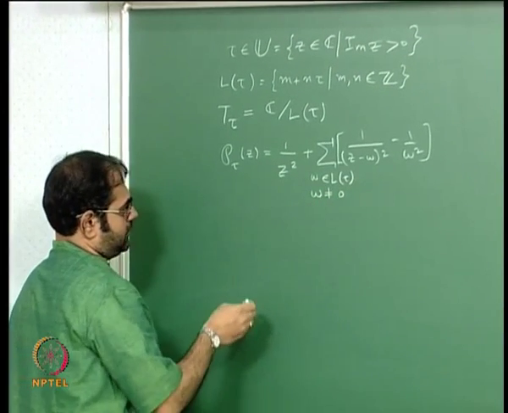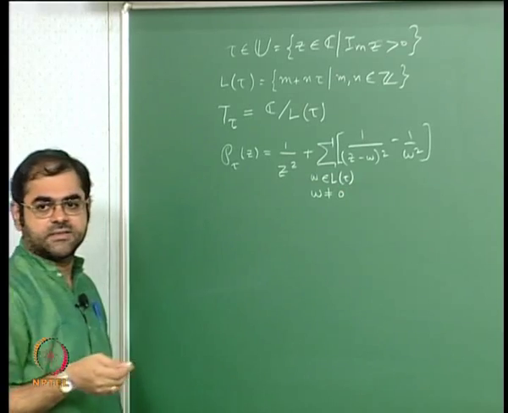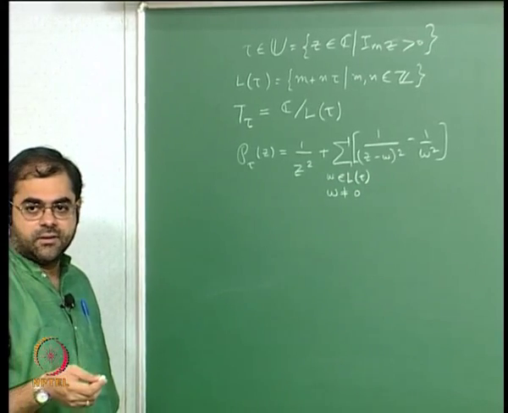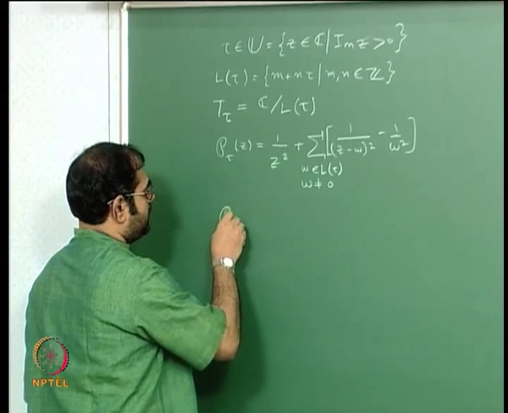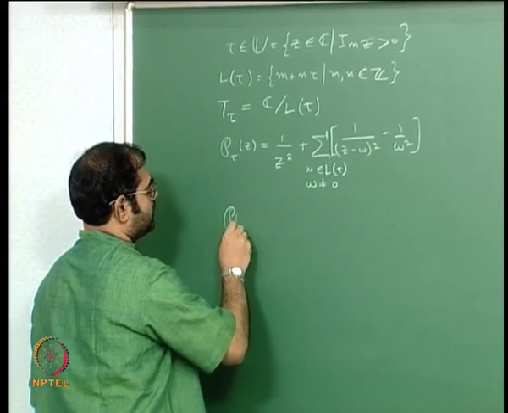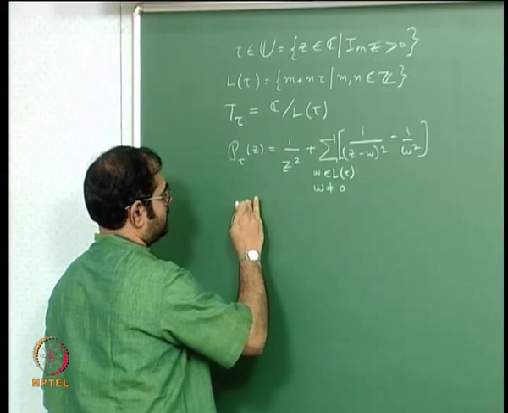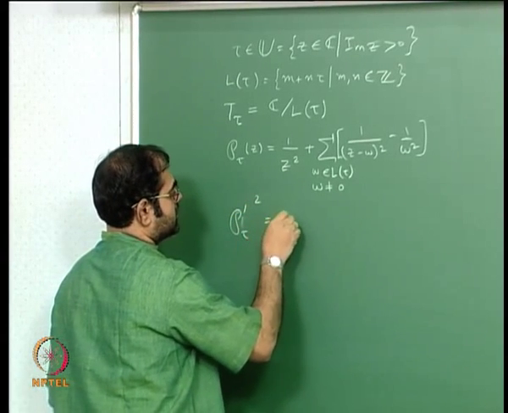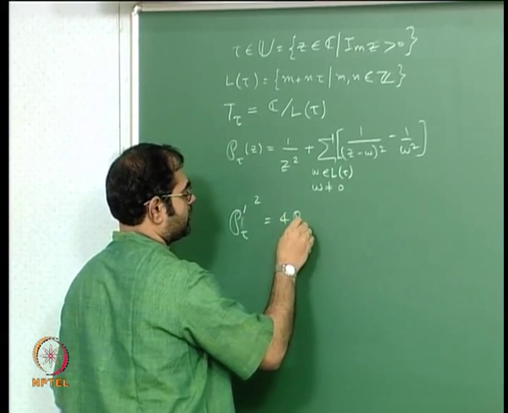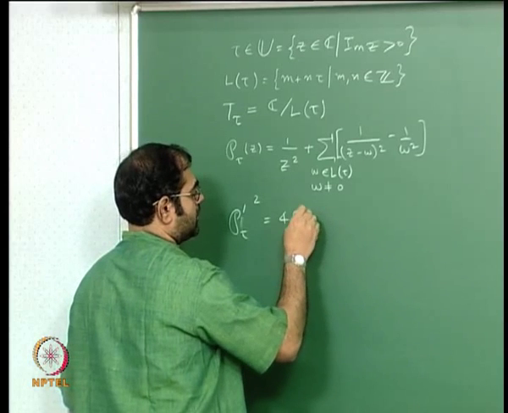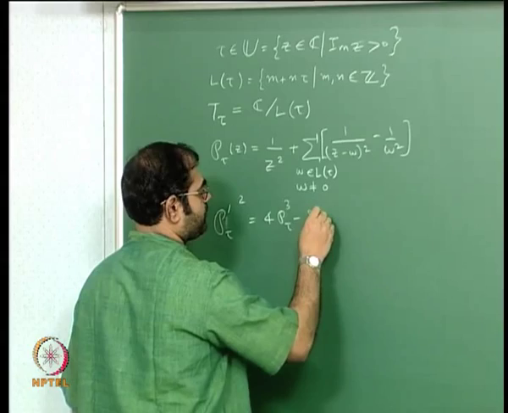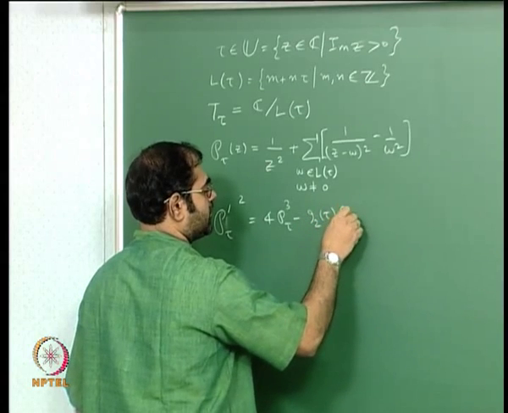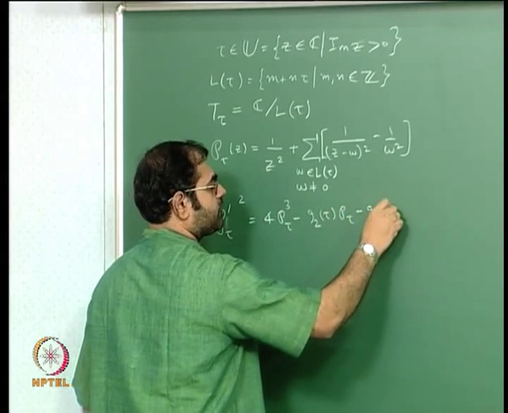and then notice that the P function satisfies a differential equation, which is P sub tau prime the whole squared is 4 P tau cubed minus g2 of tau P tau minus g3 of tau.